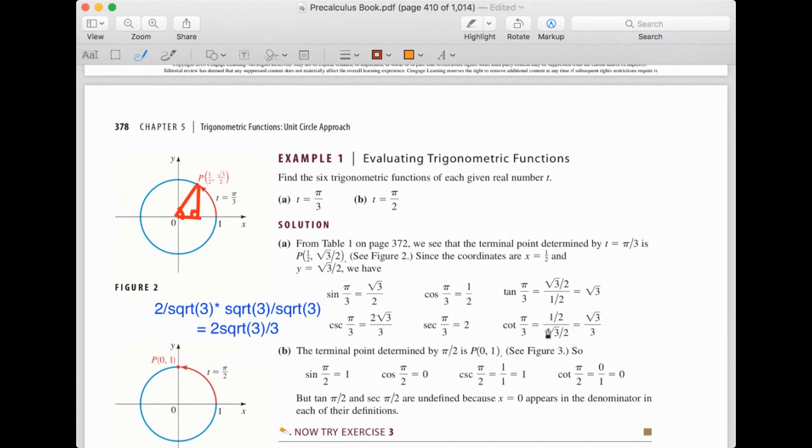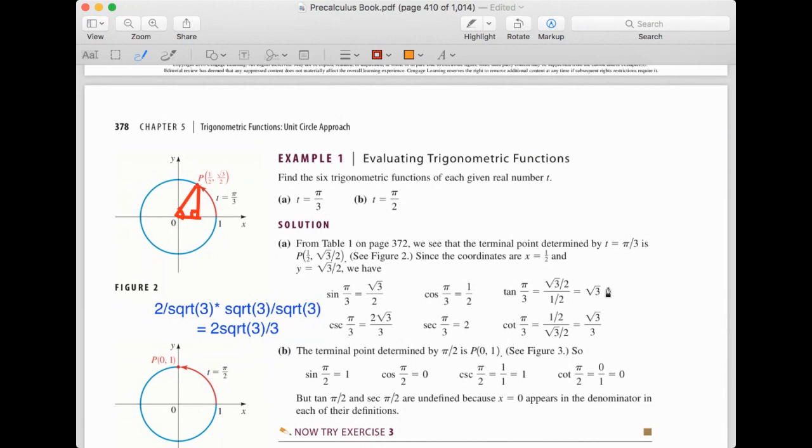Adjacent side is the x value. Opposite is the y value. We could do half divided by root 3 over 2. Then we simplify, we get root 3 over 3. Or we can just flip tangent pi over 3 and get 1 over root 3. Then again, we rationalize the denominator.